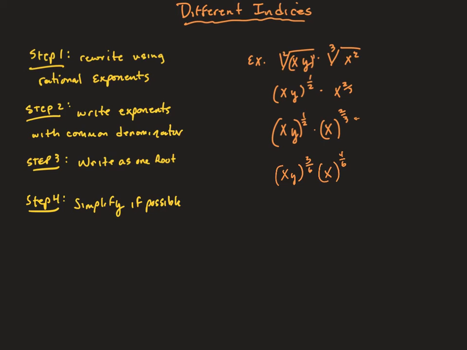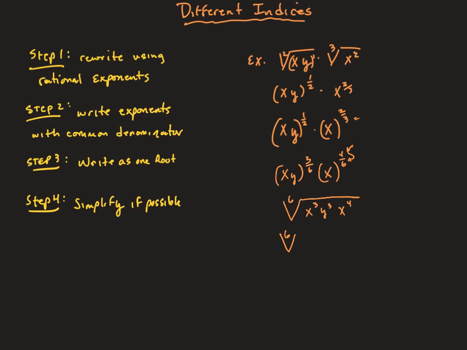And now I have a common denominator, so I can rewrite this as the 6th root of xy to the 3rd, which is the same thing as x to the 3rd, y to the 3rd, times x to the 4th.